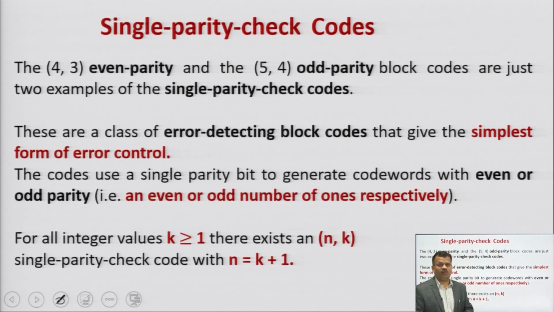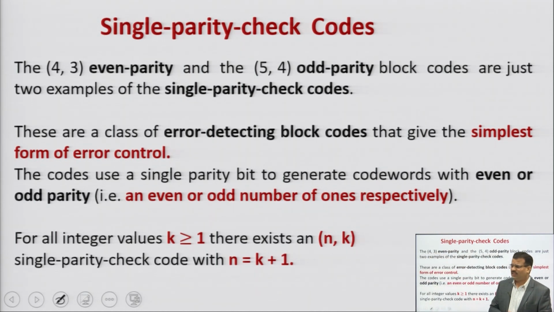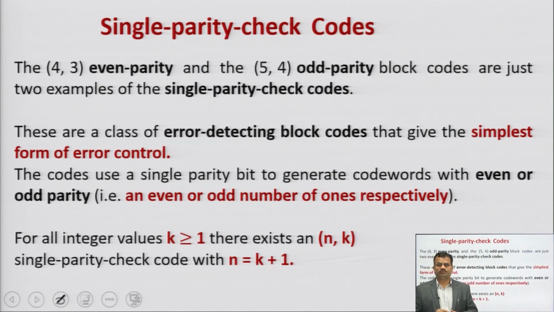Now we are coming to single parity check codes. Single parity मतलब जहाँ पर parity bit एक होगी, parity check bits एक ही होगी केवल. तो जनरली एग्जाम्पल जो हम लेते हैं होते बहुत सारे हो सकते हैं, like 4,3 and 5,4. Like if we see 4,3 even parity code, so here your parity bits is what? 1. 4,3, 3 plus 1, 4.